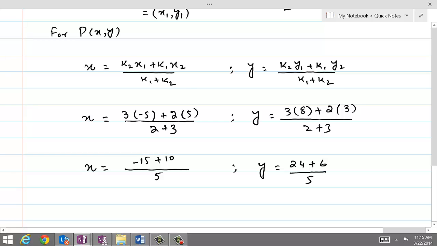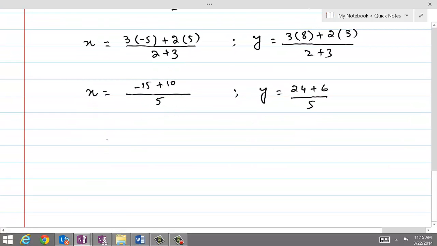So x is equal to minus 5 over 5, and y is equal to 30 over 5.